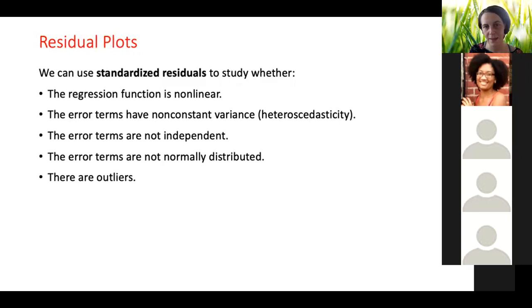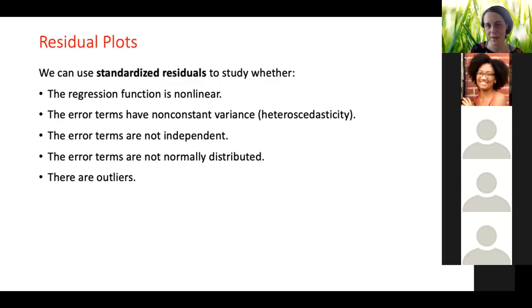We can see indications that the linearity assumption has been violated, so that the regression function, the relationship between the two variables, is not linear. We can spot heteroscedasticity using the residual plot. We can sometimes determine whether the errors are dependent, which is not good.